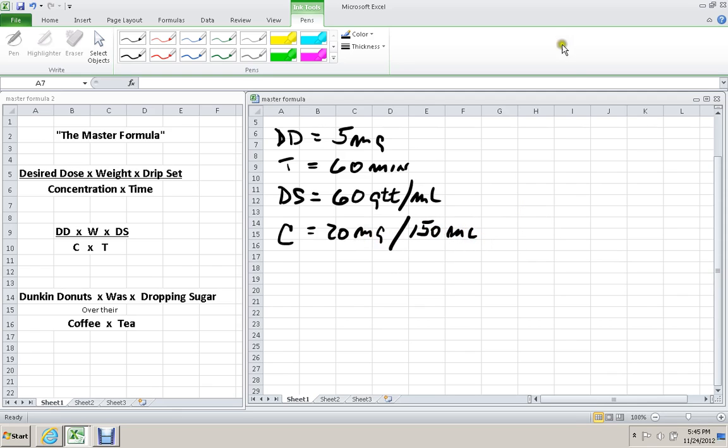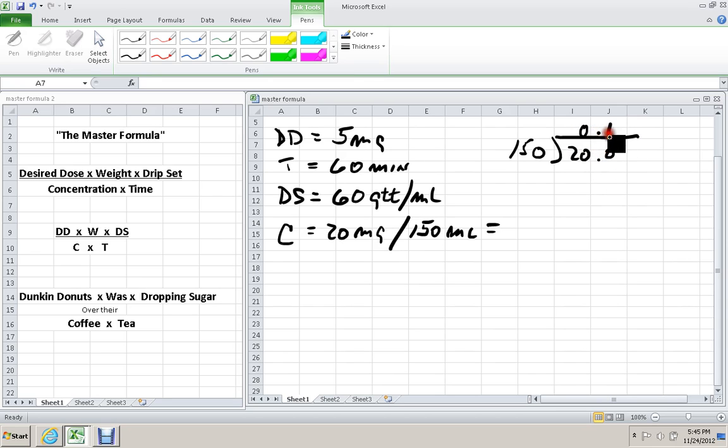All right. I'm just going to do the division over here so we can reduce it down to rate per milliliter or concentration per milliliter. I'll do the calculation here. 150 divided into 20. Okay, 150 goes 0 into 20.